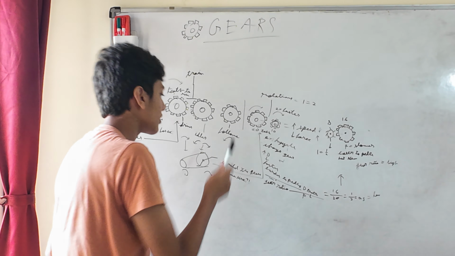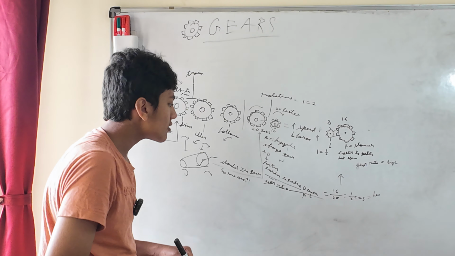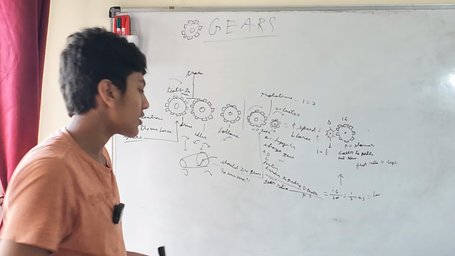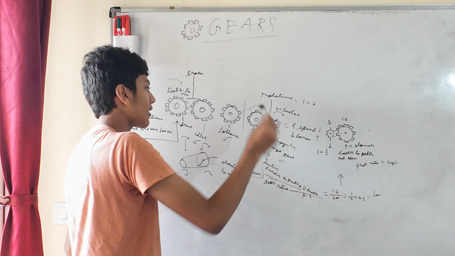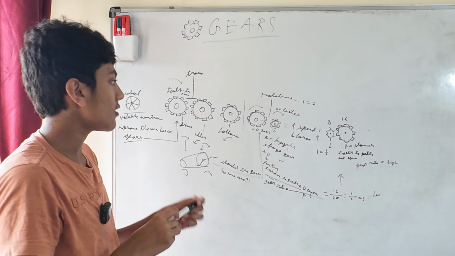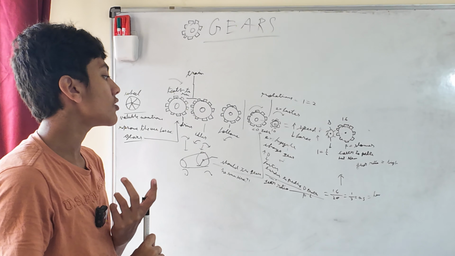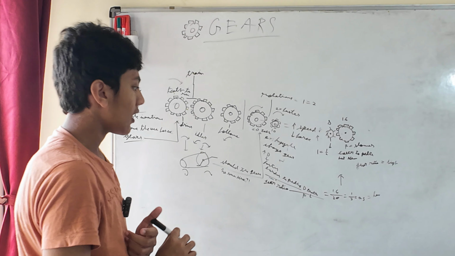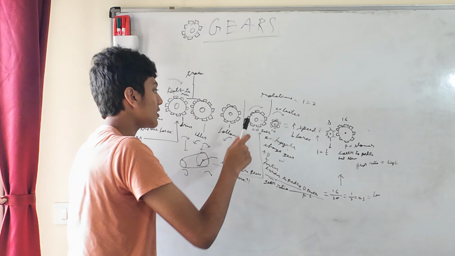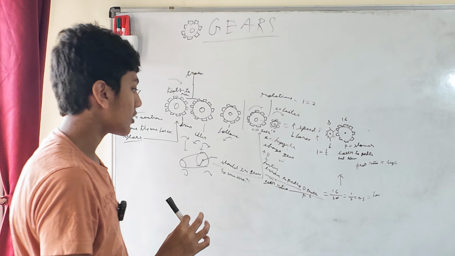So this property occurs, and that means you move faster, but it will be harder to pedal due to the driver gear, okay? It's hard to pedal, but in return, you will move faster, okay? And this means that the gear ratio for this arrangement is low, okay? This is low gear ratio.